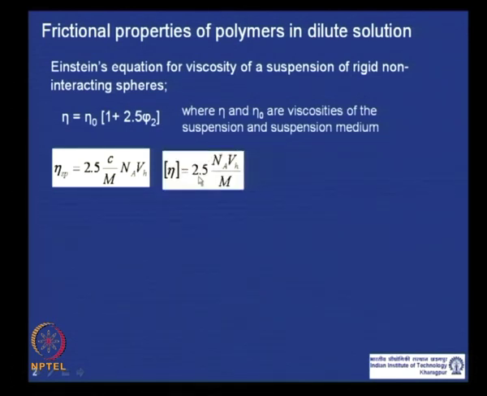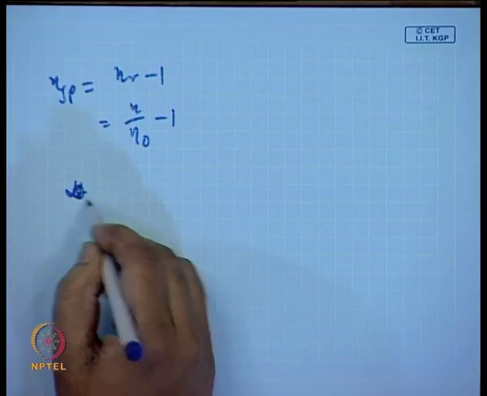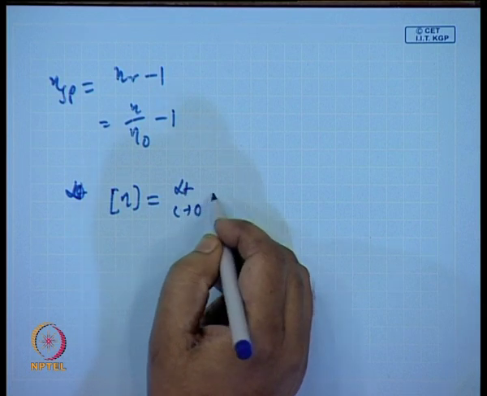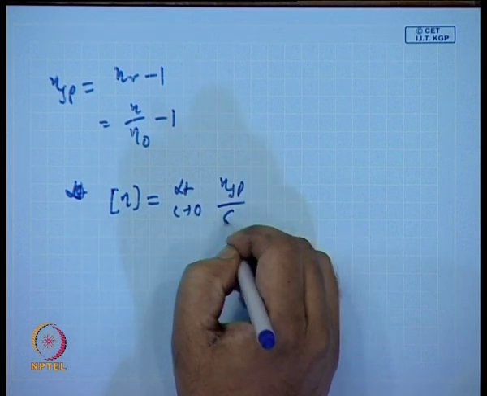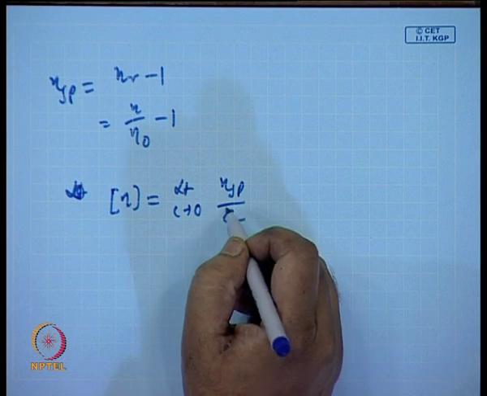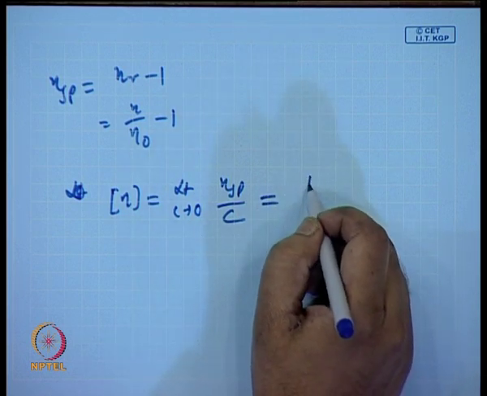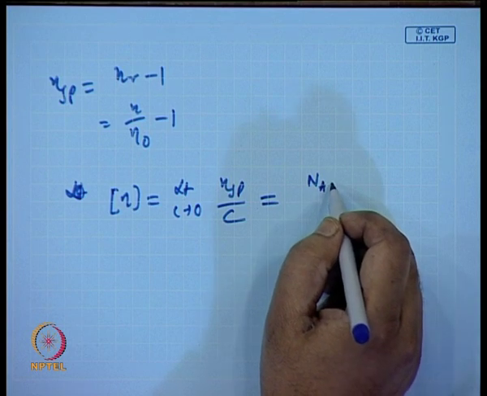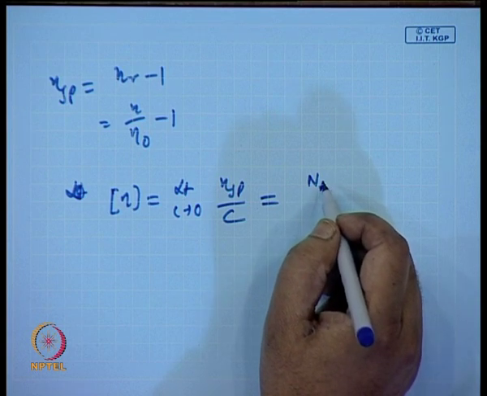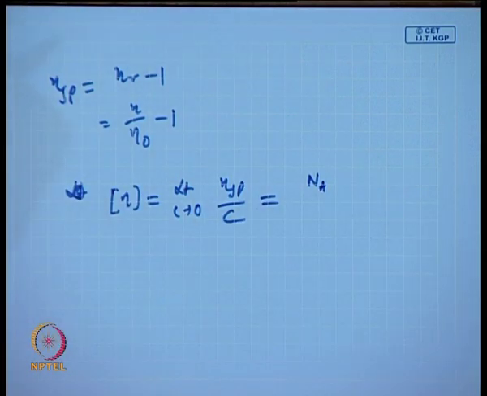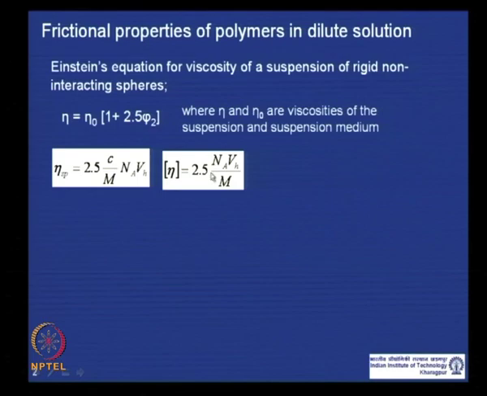I can rearrange it, because intrinsic viscosity is given by the limit C tends to 0 of eta sp by C, which is basically given by Na VH by M. You divide by C and you get this expression.